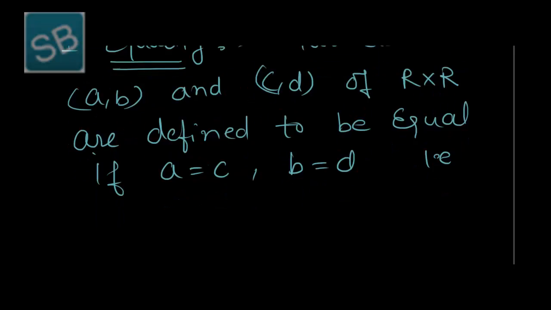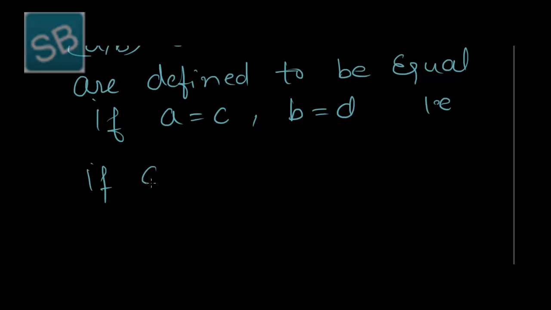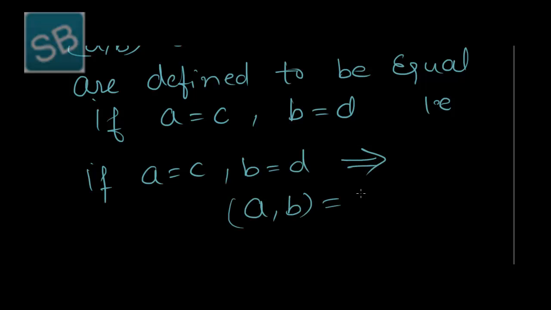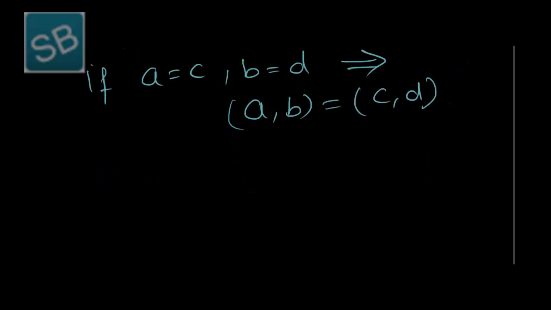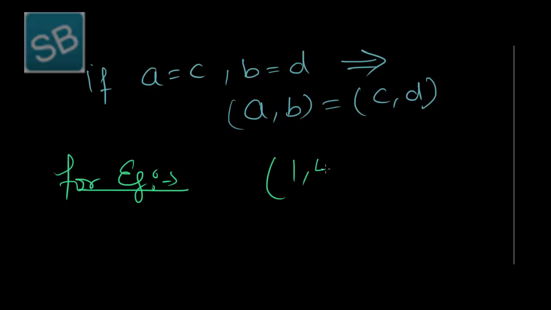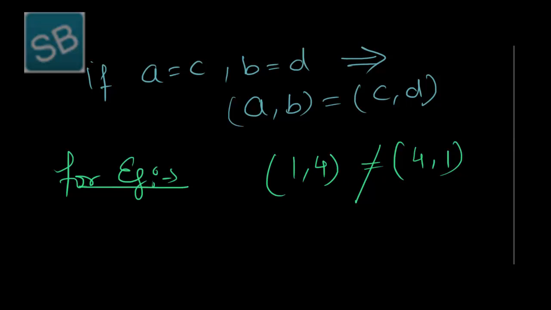That is, if a is equal to c and b is equal to d, it implies ordered pair (a, b) is equal to ordered pair (c, d). For example, if we say the ordered pair (1, 4) is equal to (4, 1), no, this is not possible. 1 is not equal to 4 and 4 is not equal to 1 mathematically. So these are not equal.